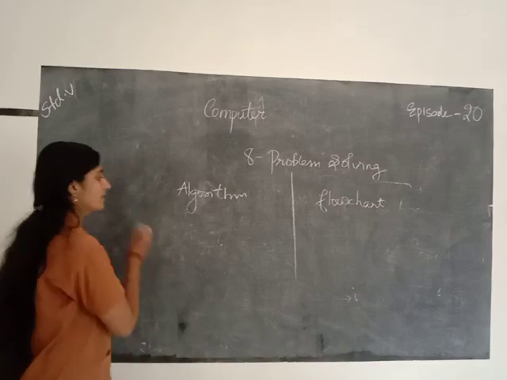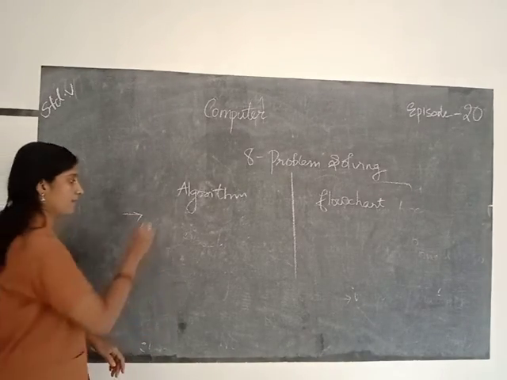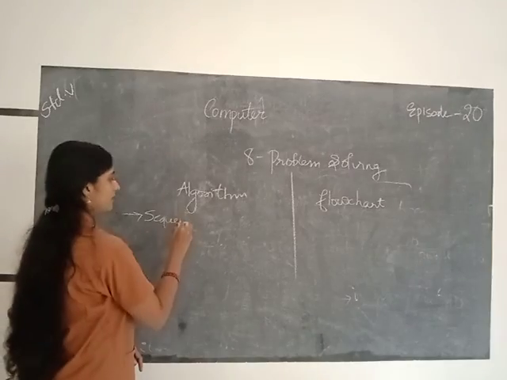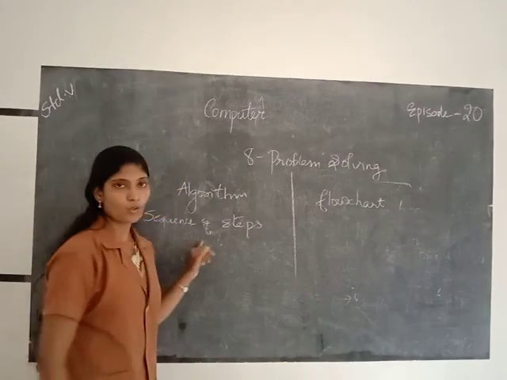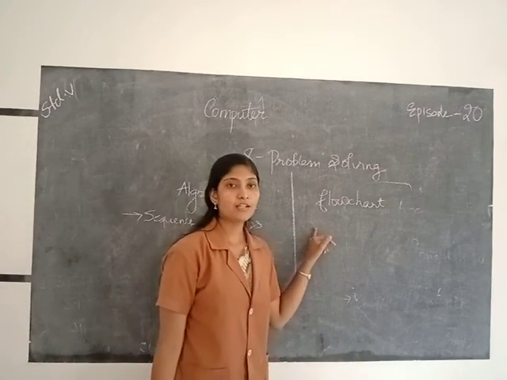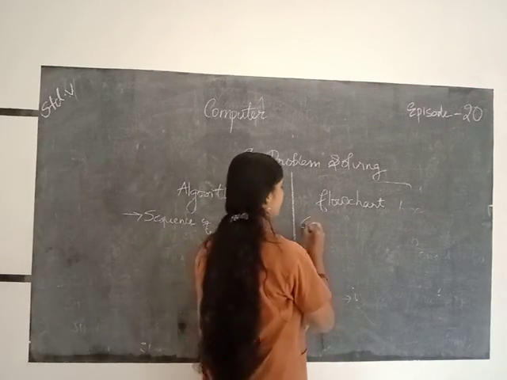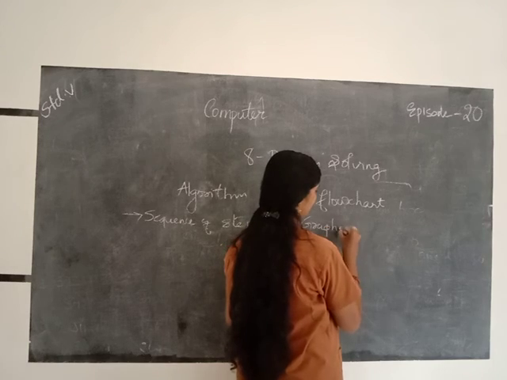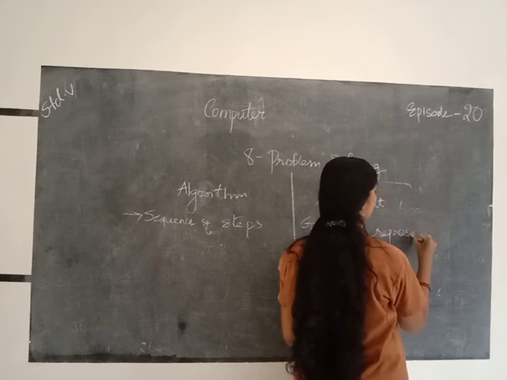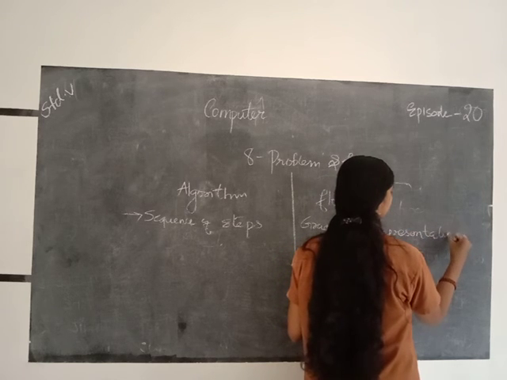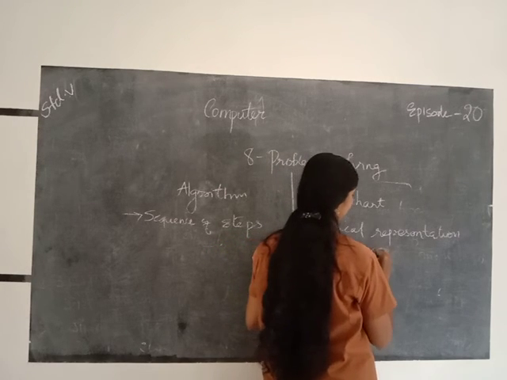An algorithm is the sequence of steps required to solve a problem. And a flowchart is the graphical representation of the sequence of steps.